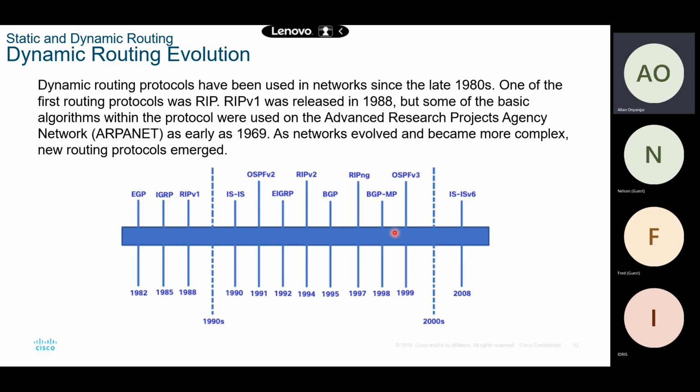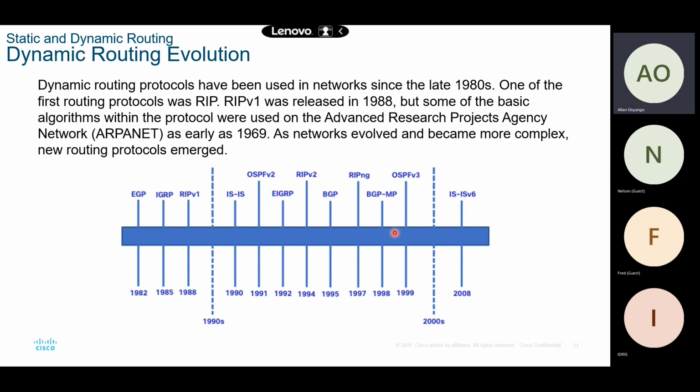Then RIP for IPv6, which is called RIP Next Generation, was born in 1997. In 98, we had the multiprotocol extension for BGP that uses both IPv4 and IPv6. And so the development in the 90s was amazing. In 1999, we started adding OSPF version 3, which is for IPv6. Okay.